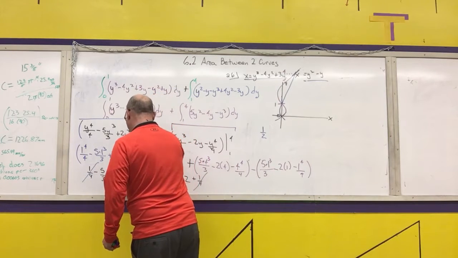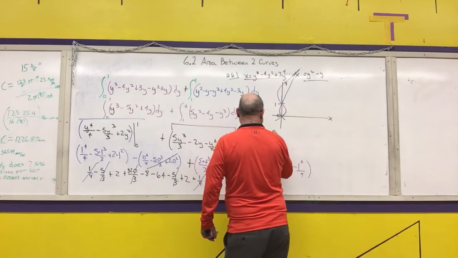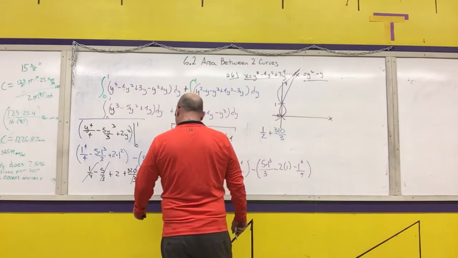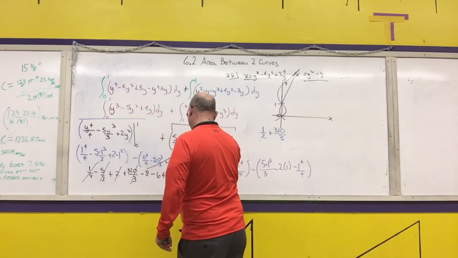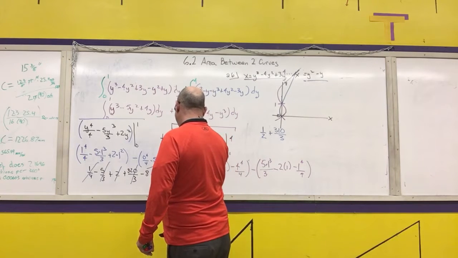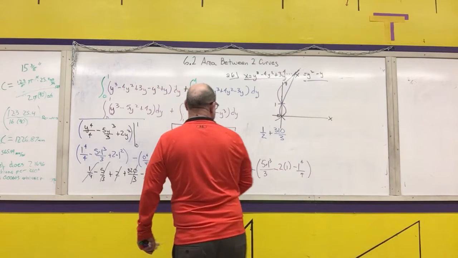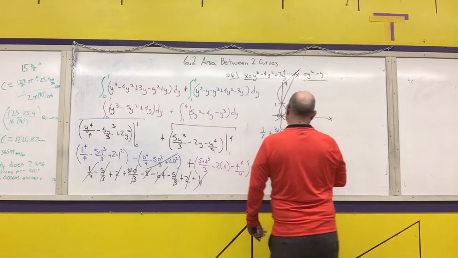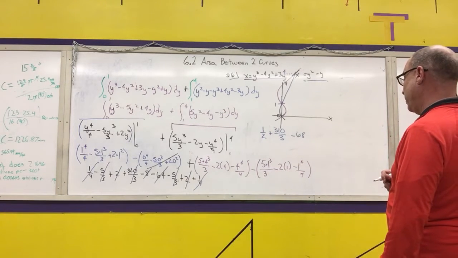So 320 minus 10 is 310 thirds. 2 plus 2 is 4. Minus 64 is negative 60. Minus 8 is negative 68. And how can I get a negative area? We'll go with it.